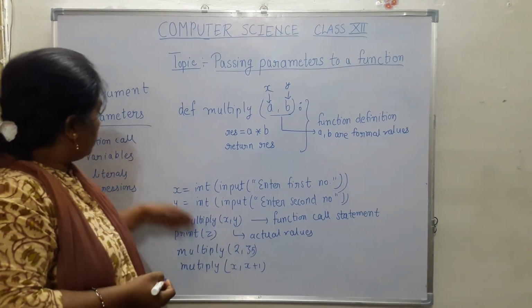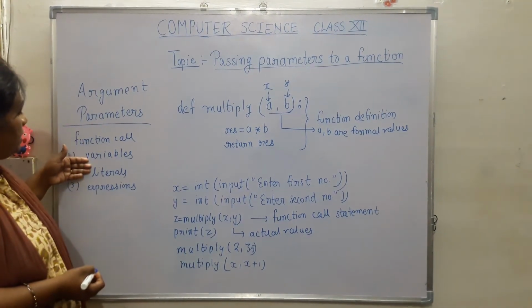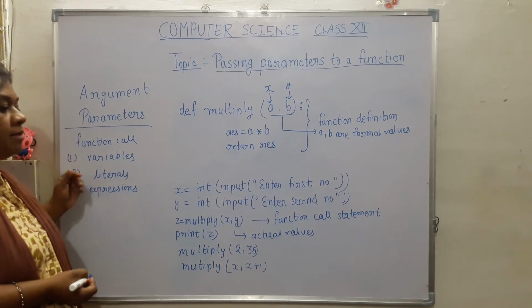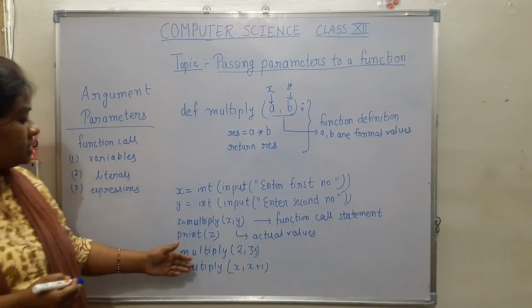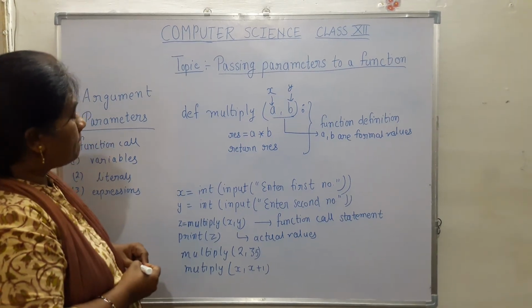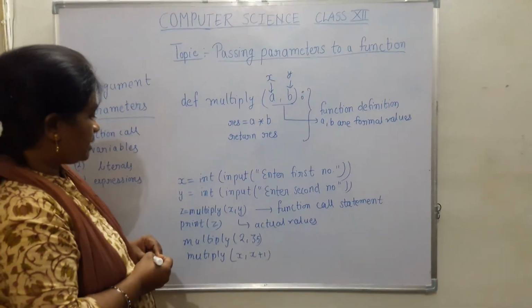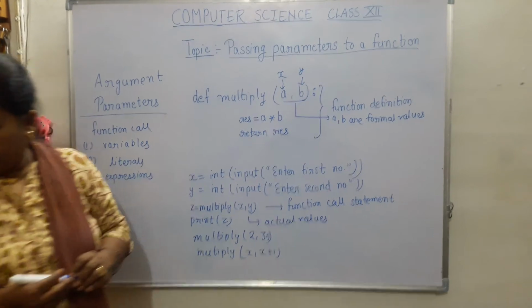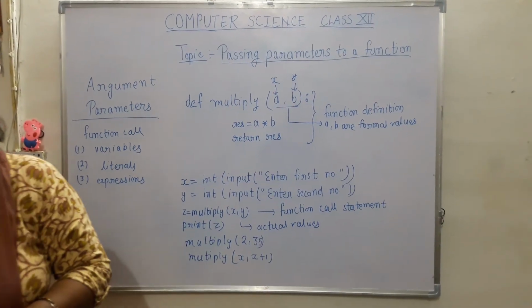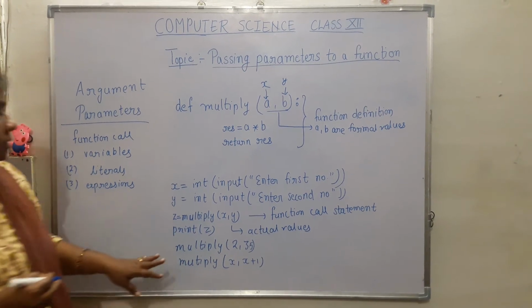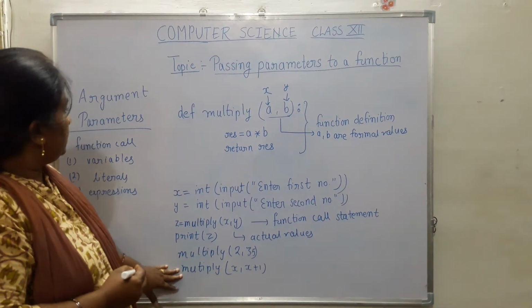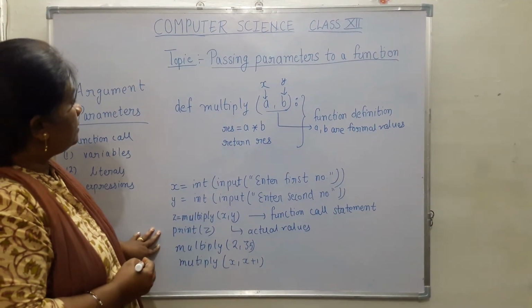And what type of value can we pass? We can pass variables, literals, and expressions also. Suppose this is x and this is x plus 1. So I think this much is sufficient.